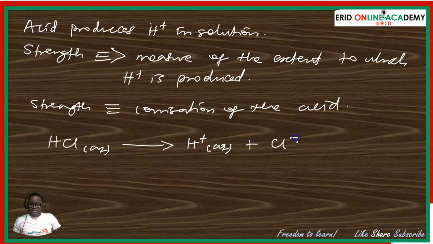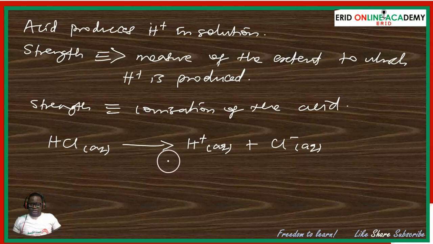That is ionization. So the extent to which this hydrochloric acid splits or dissociates or produces hydrogen ion in solution is known as its ionization, and it is in turn a measure of the strength of an acid.